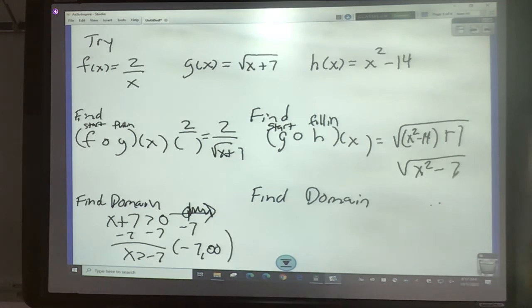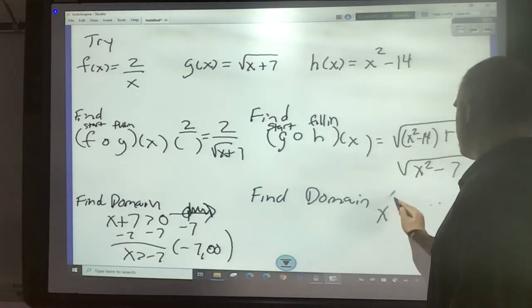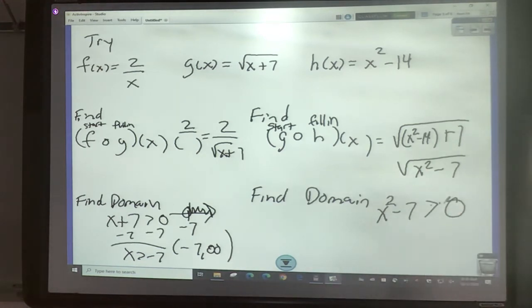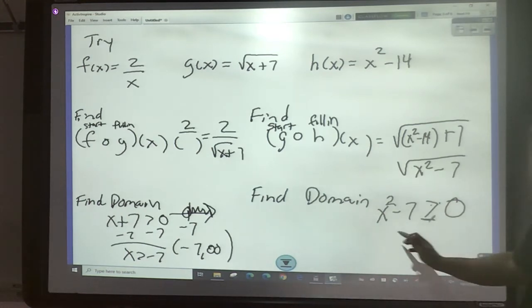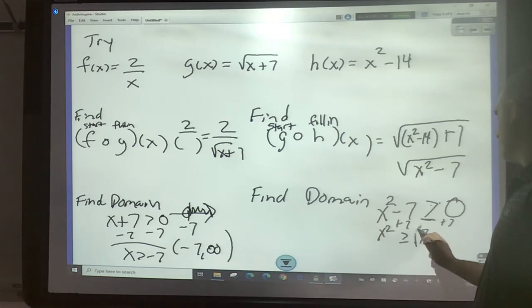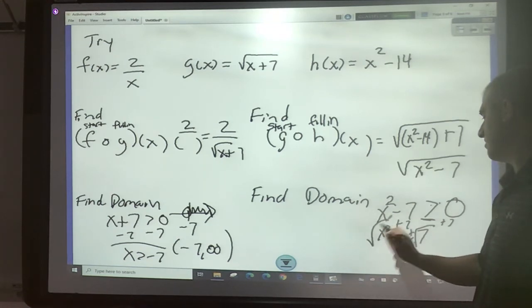Now, we know that this has to be, as in our other problems, greater than 0. However, since this is not in the denominator, I can go ahead and do this. So I got x squared, I would add 7, so greater than or equal to 7. Take the square root of this, plus or minus.